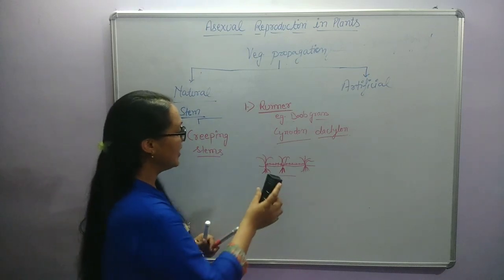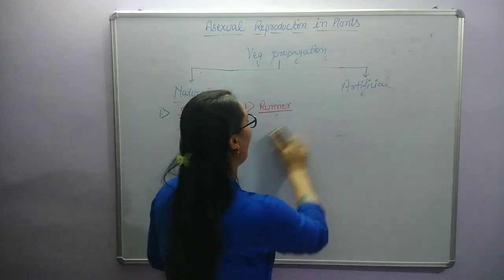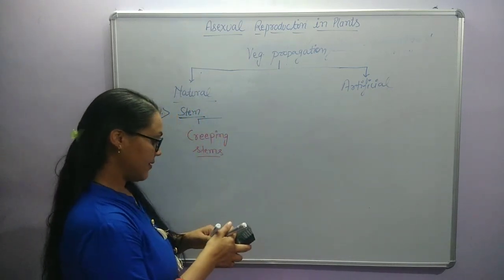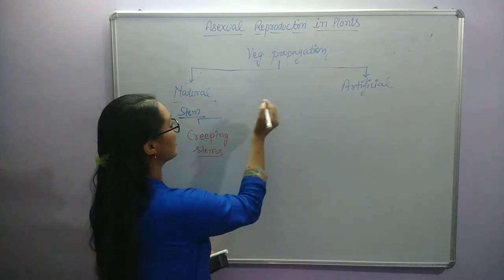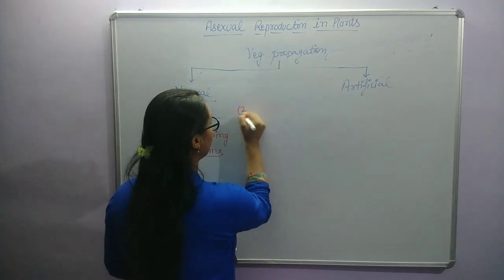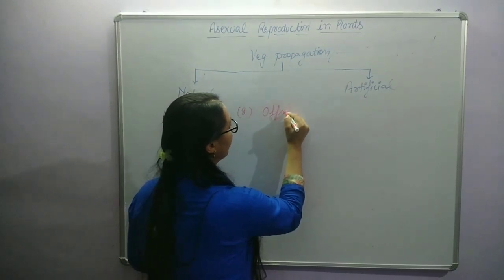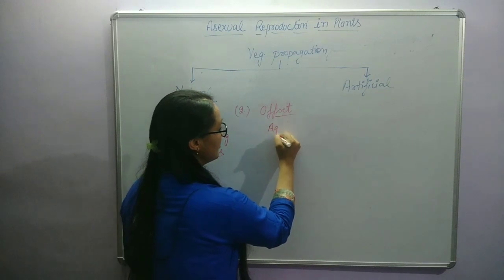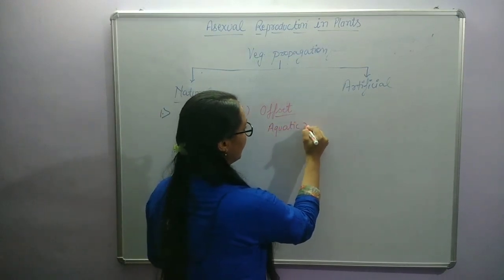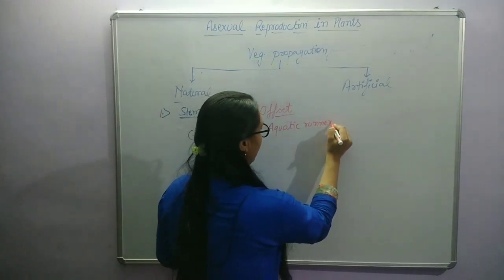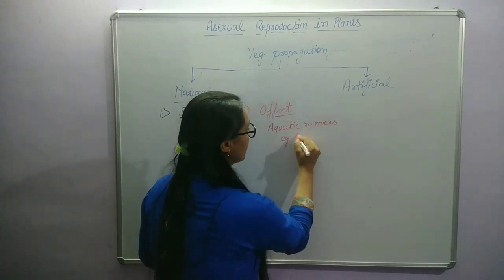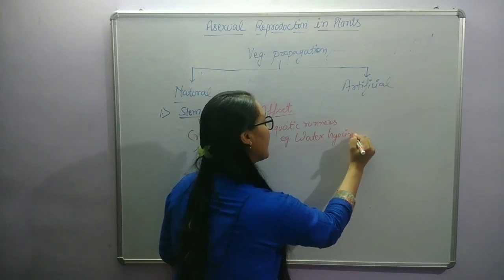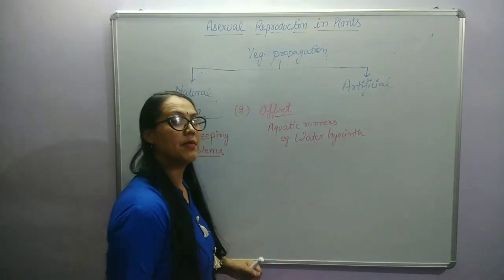Now the next category of plants in creeping stems which help in vegetative propagation, the second category, is offsets. These are basically aquatic runners. An example here is water hyacinth, whose scientific name is Eichhornia.